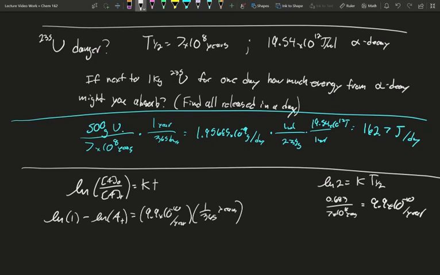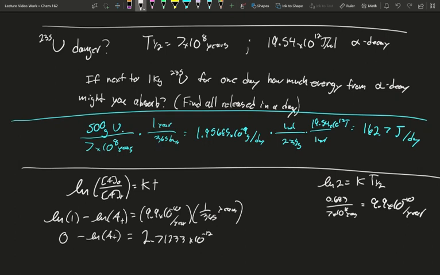So 1 day. Natural log of 1 is 0, so minus the ln of our concentration fraction remaining at time is equal to 2.71233 times 10 to the minus 12.